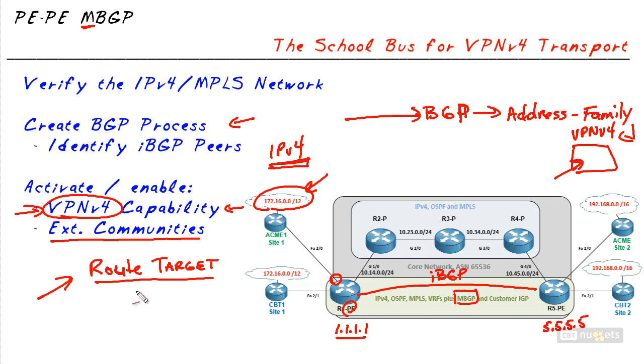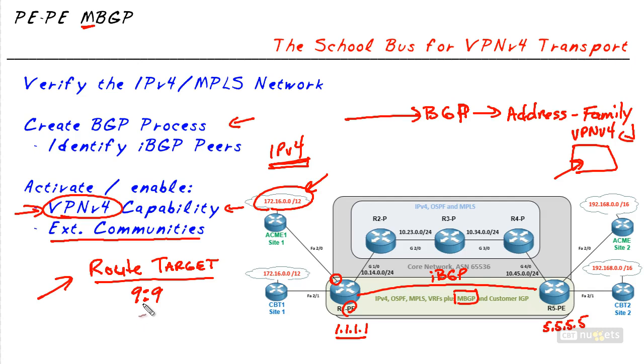Let's say the number that we use, just as an example, is 9:9. It's just a value, and this is sent as an extended community associated with that VPNv4 route. So what does 9:9 mean? Well, if we've configured over here on R5 that R5 should pay attention to the route target of 9:9.